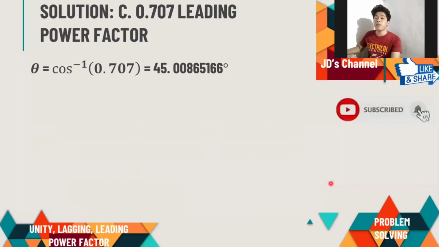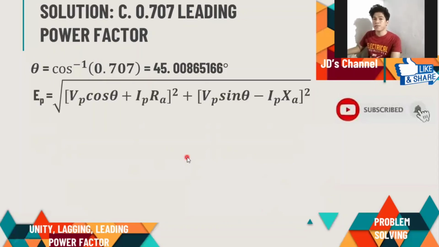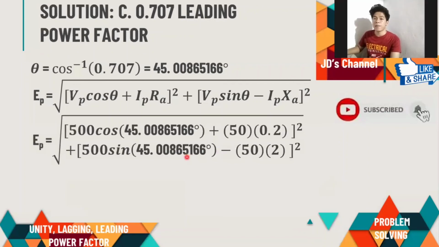So we have 45.00865166 degrees. That is our theta. So ito yung ating formula for leading power factor. Finding the E phase at leading power factor, substitute lang natin yung ating mga given and yung nakuhang theta dun sa ating formula.